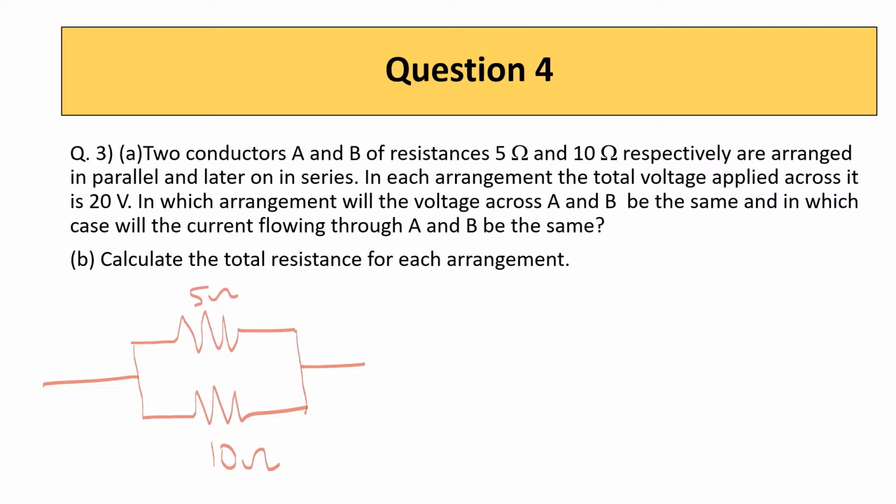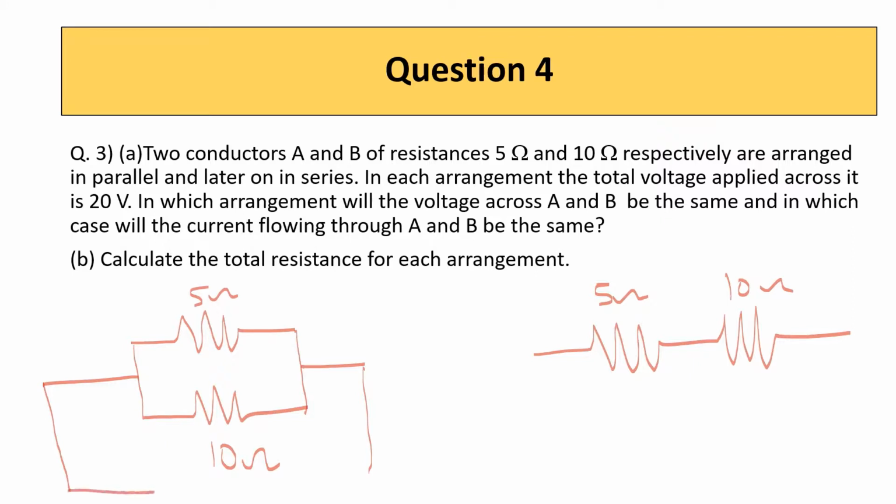They are connected in parallel. Later, these two resistances are connected in series, 5 ohms and 10 ohms. In both these cases, the potential difference or the voltage applied is 20 volt. Here also it is 20 volt.